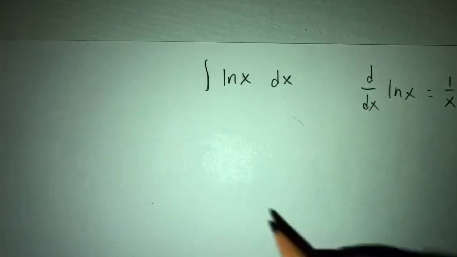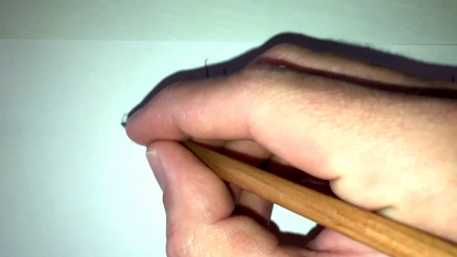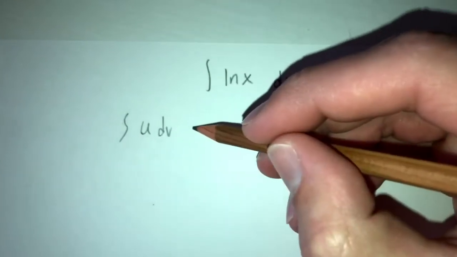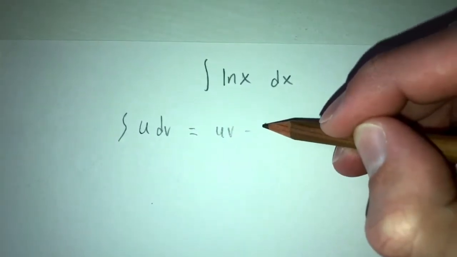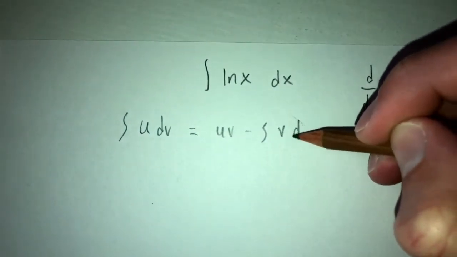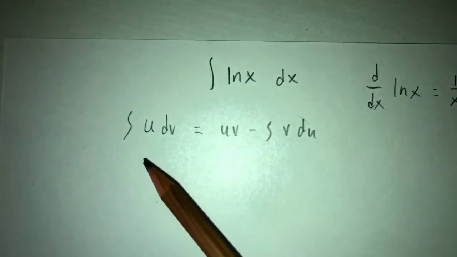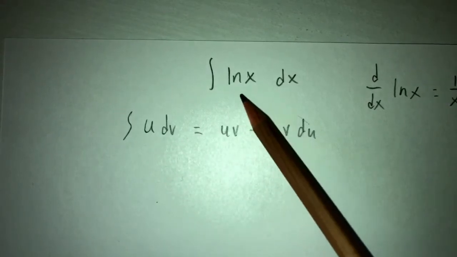The reason for that is, let's think about the formula for integration by parts. It basically says if we want to take the integral of u dv, that would be equal to u times v minus the integral of v du. You're probably thinking, well, integration by parts is used when you have the product of two things, and we don't really have a product, we just have one single thing.